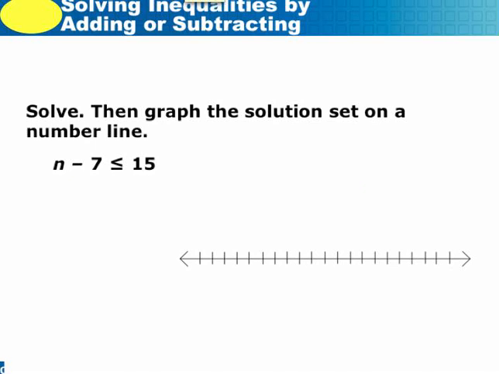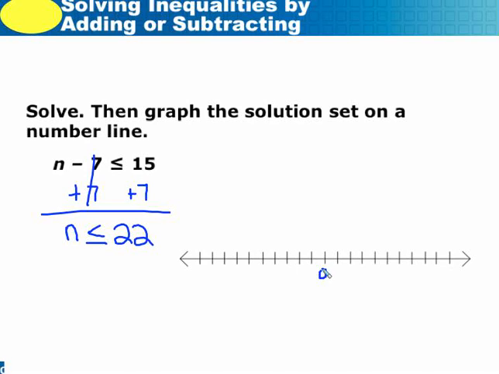So let's start solving this. To isolate n, I'm going to add 7 to each side. I'm going to get n is less than or equal to 22. Now in this case, I still need to scale my graph. So you want to typically put 0 somewhere closer to the middle, but if you can't, you can always put it to one side or the other if the numbers end up being really large.